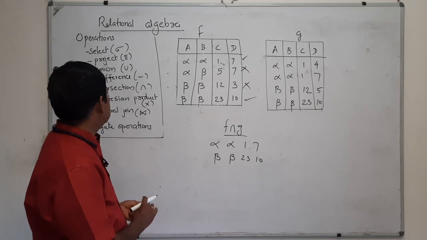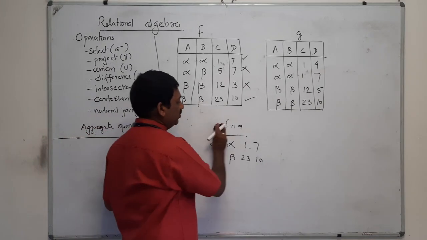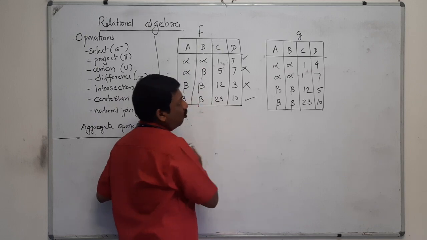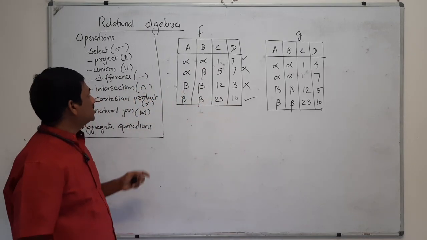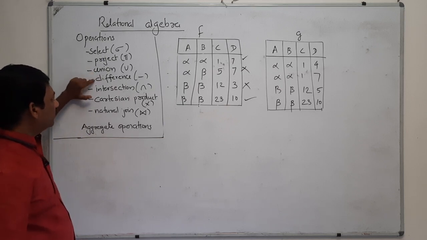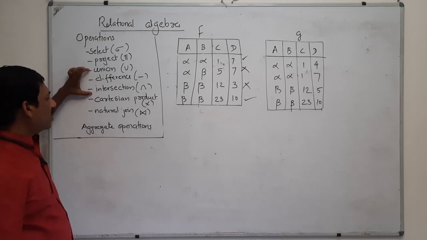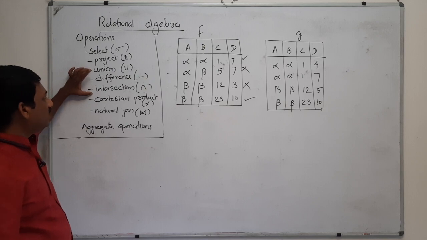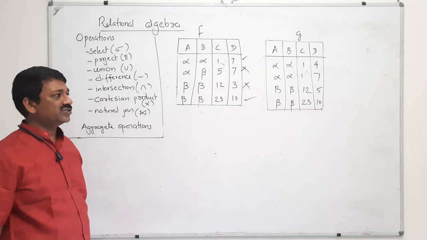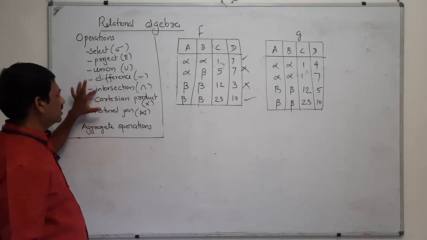Then what about Cartesian product? So these are compatible, that means if you want to take union, difference and intersection, the same structure should be there for both the relations.